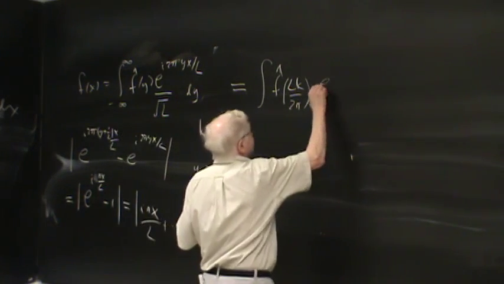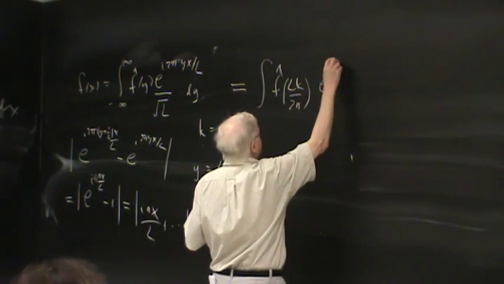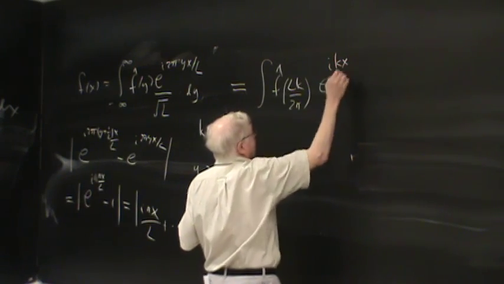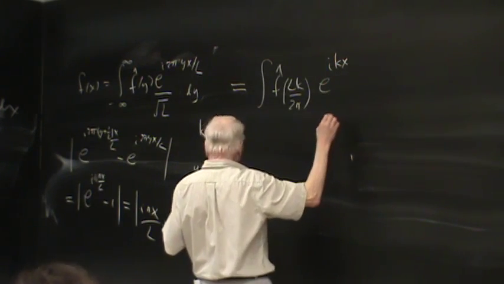Then we have e to the i kx, which is just fine.